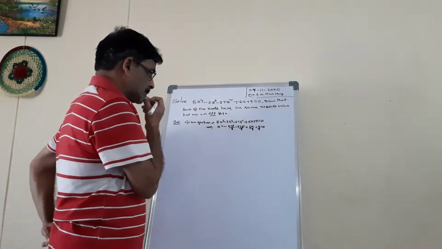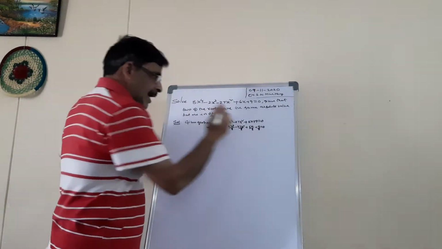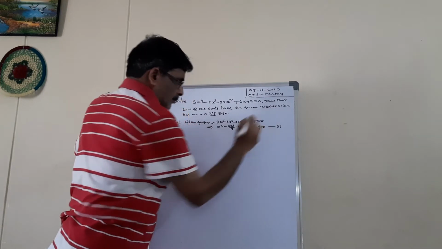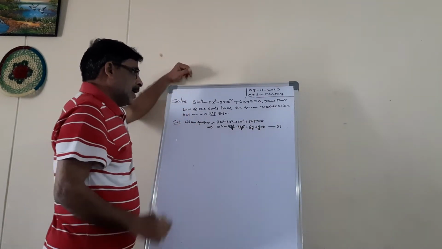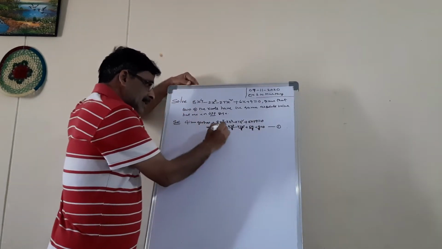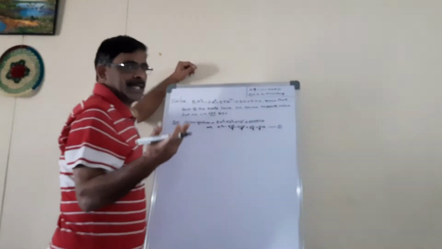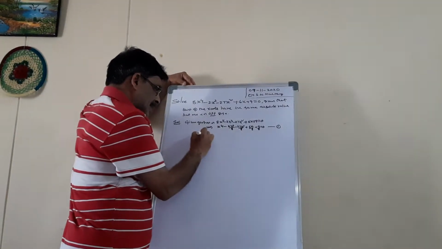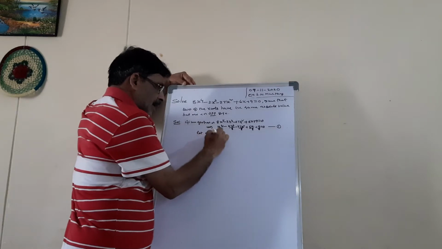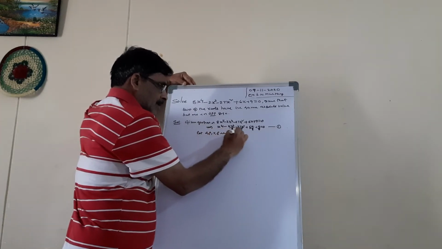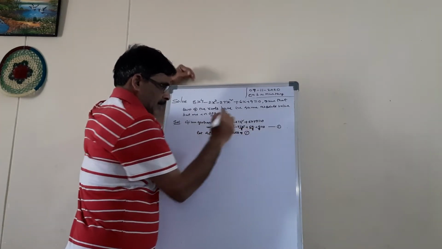Okay, let it be 1. Next, this is a fourth degree equation, you know it has 4 roots. Let alpha, beta, gamma, delta be the roots of 1.